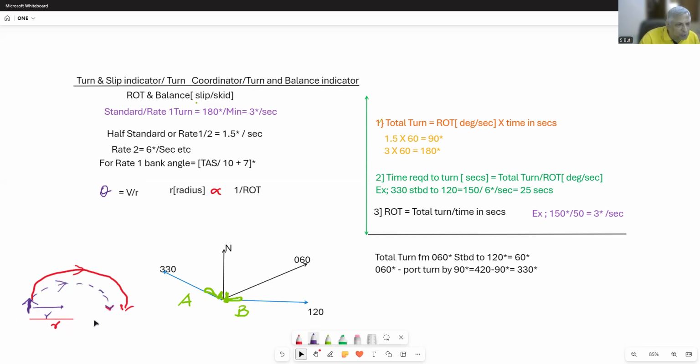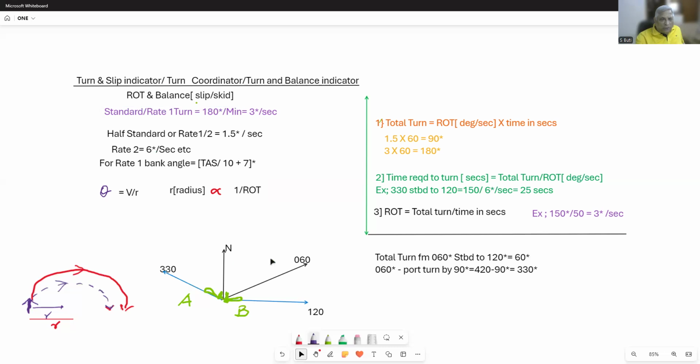If your speed is more for the same angle of bank, then your radius will become more. When the radius becomes more, rate of turn falls. Okay, so much so. Let's get on to the numericals now.